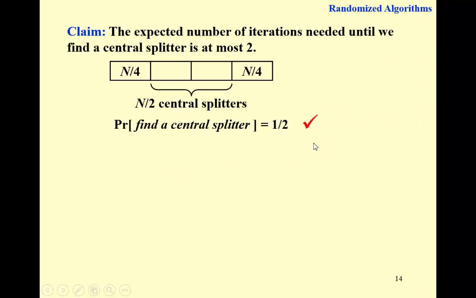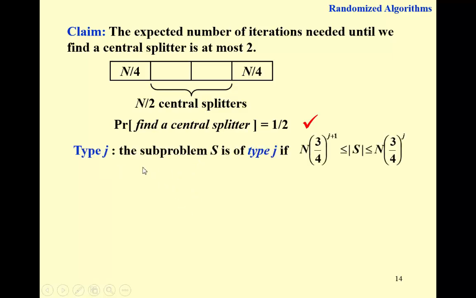Then to find out the runtime of this randomized Quicksort, let's consider the types of the subproblems. We say that a subproblem S is of type J if the size of S, that means the number of elements in this set, is bounded below and above by these two functions.